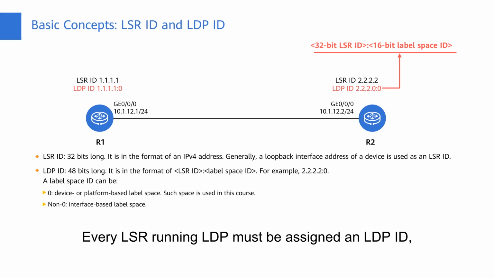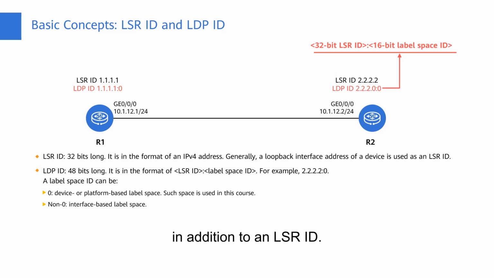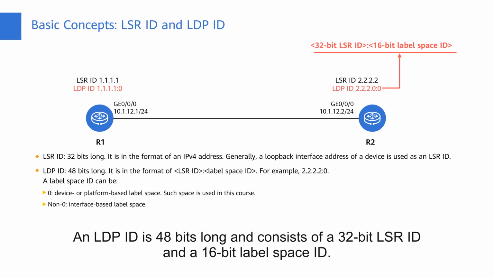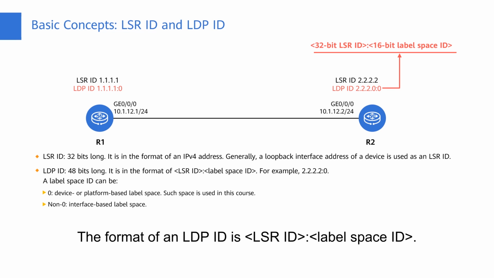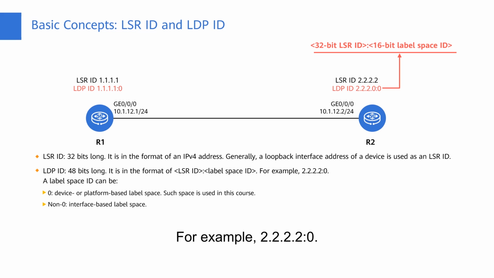Every LSR running LDP must be assigned an LDP ID in addition to an LSR ID. An LDP ID is 48 bits long and consists of a 32-bit LSR ID and a 16-bit label space ID. The format of an LDP ID is LSR ID:label space ID, for example, 2.2.2.2:0.